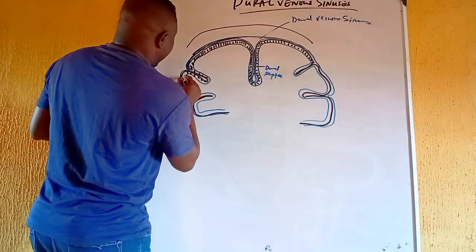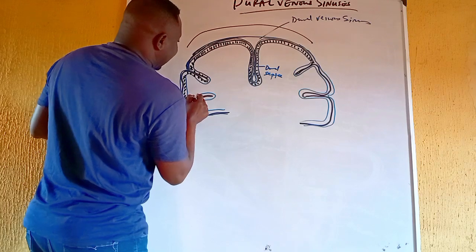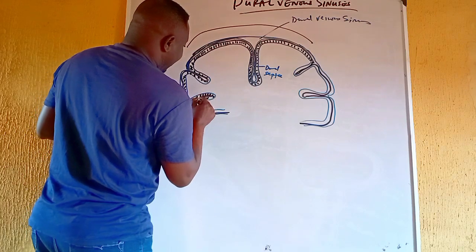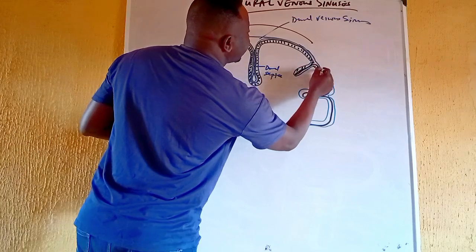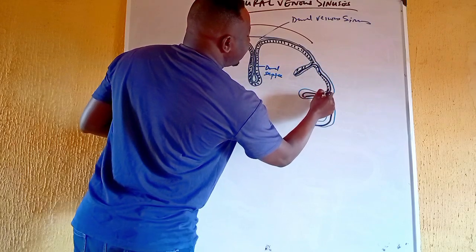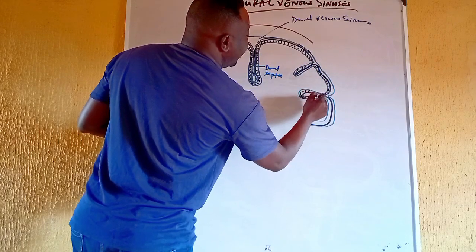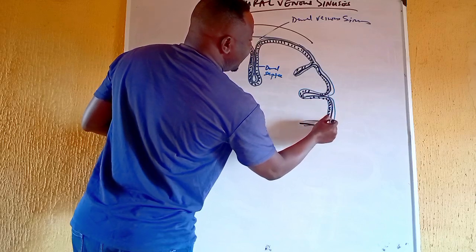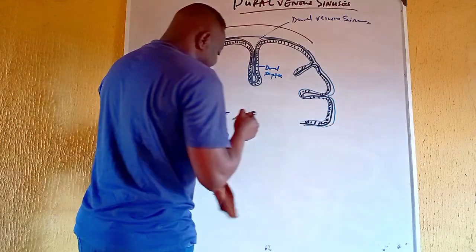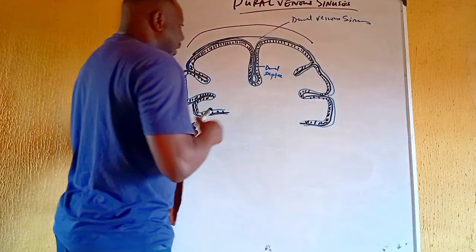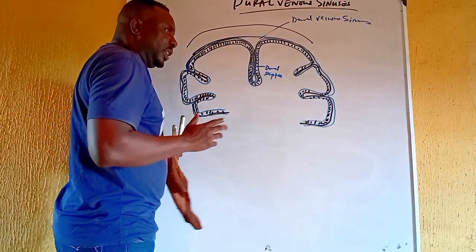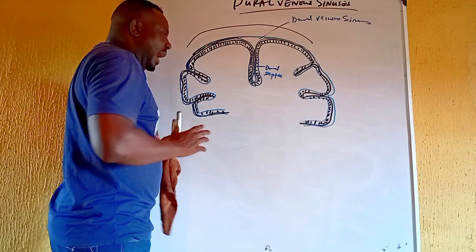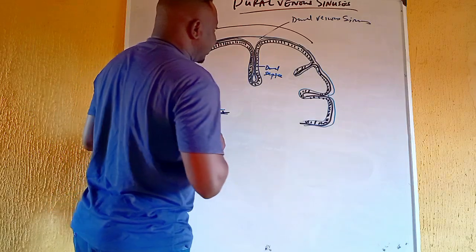There's lots of trabecula attaching to the layer known as the pia mater. And like I mentioned in my previous video, the pia mater is a very soft, delicate layer that has lots of blood vessels.